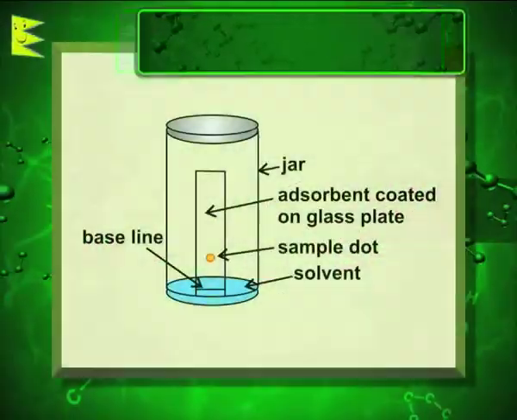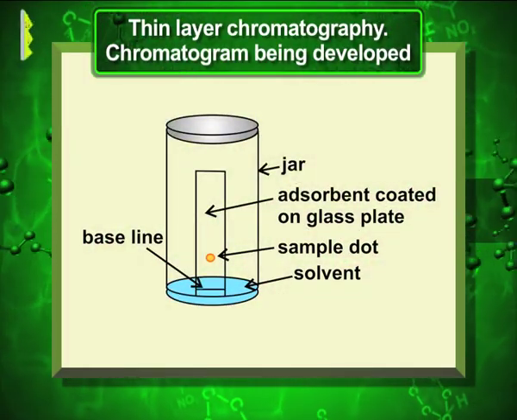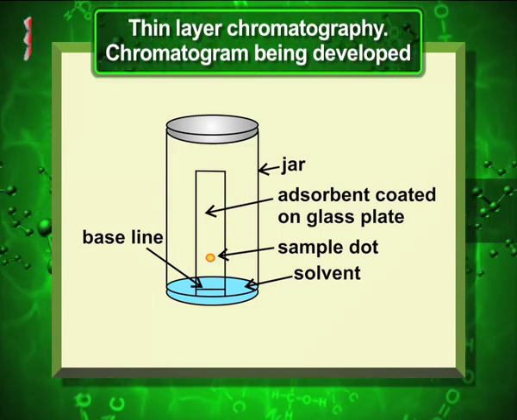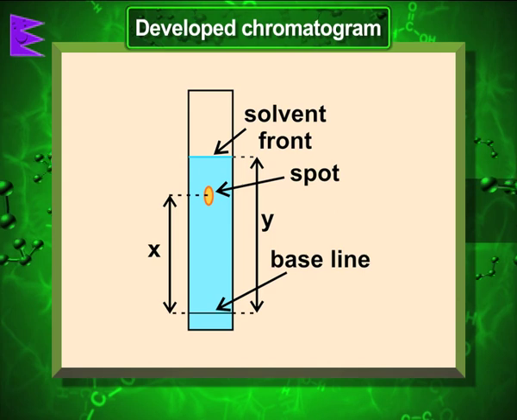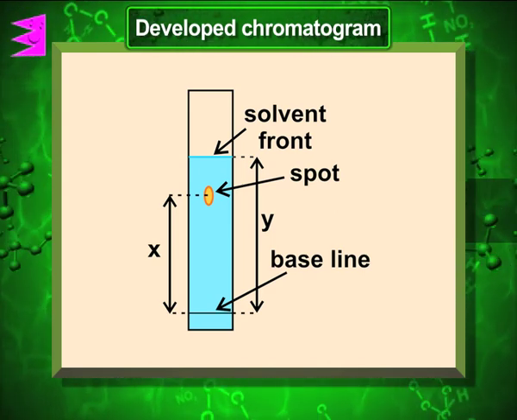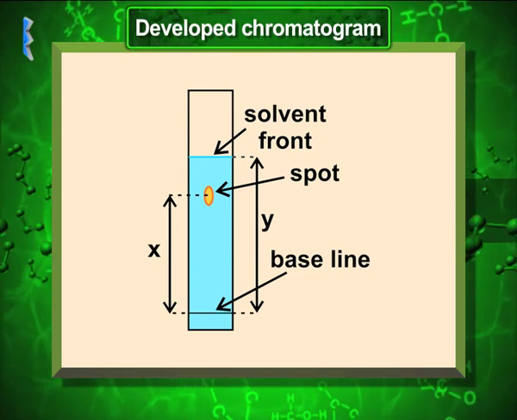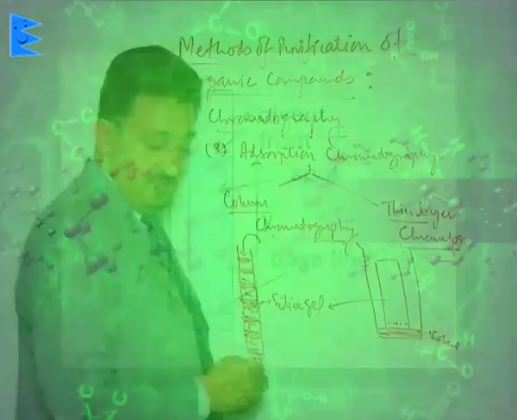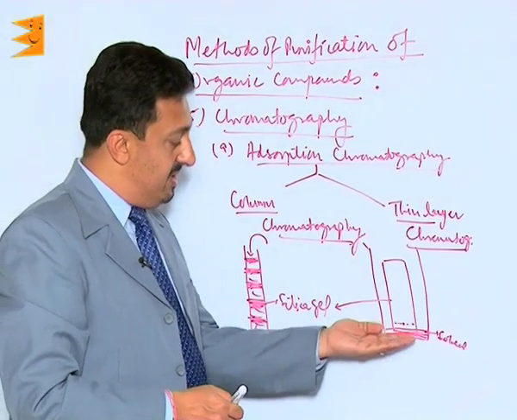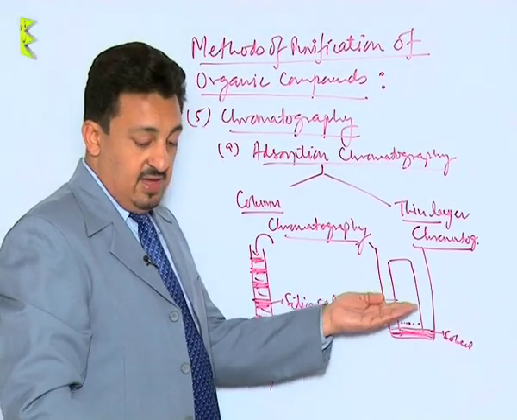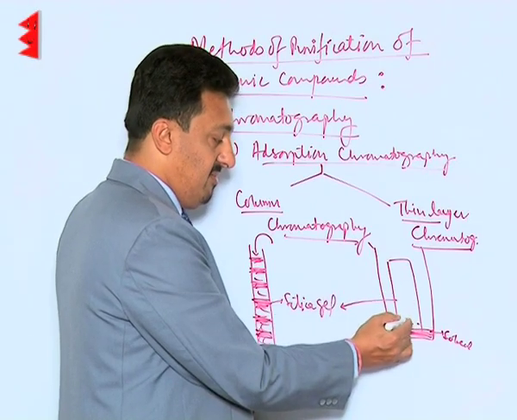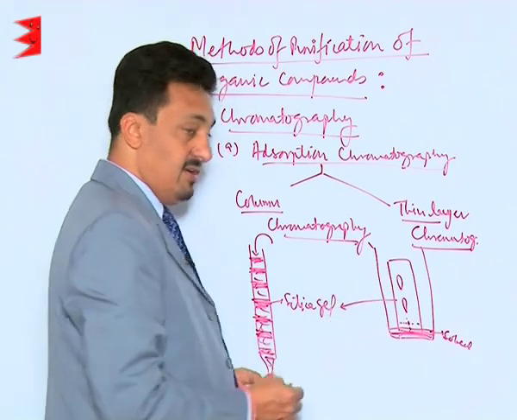Then we make this glass plate stand in a special flask which is called a chromatography jar, and the small end of this glass plate is immersed in a suitable solvent. Due to the adsorption capabilities, this solvent will rise, and along with this the component gets dissolved as the solvent is rising, and different spots are generated.